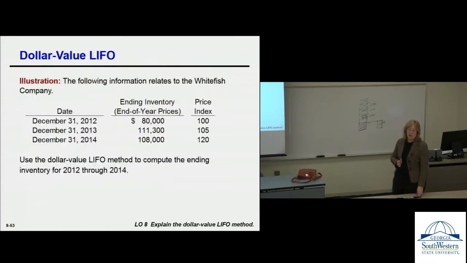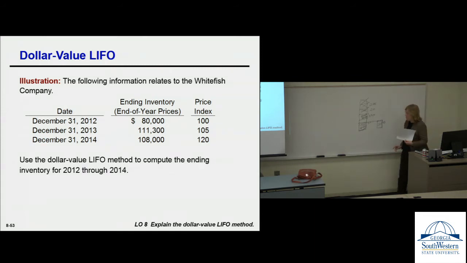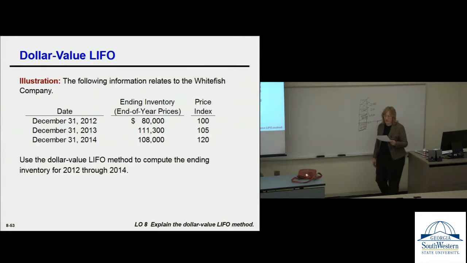They might just go buy a bunch of stuff just for the fact of keeping their inventory levels up. And so that just promotes bad behavior. So dollar value LIFO kind of helps to solve the problem. Okay, so this is the example that we're going to use, which is what I passed out here, right here.